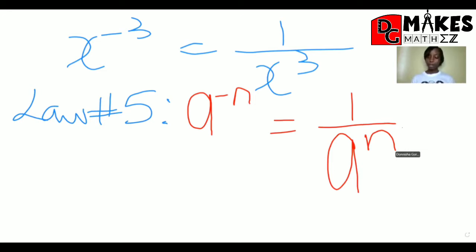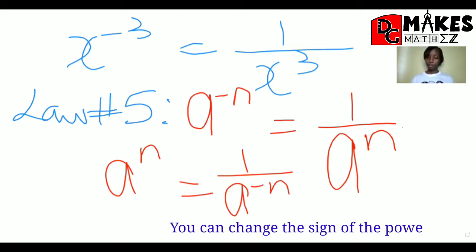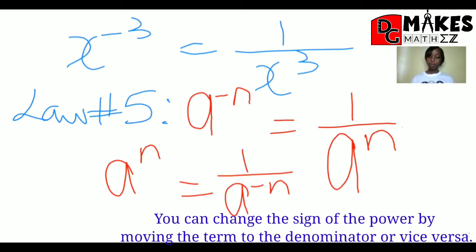And in the same way, if we have a to the n, it's the same as 1 over a to the -n. You can go ahead and picture a to the n over 1. So you can look at it as a fraction, and you probably will be better able to see that.